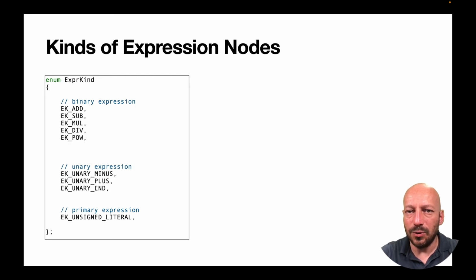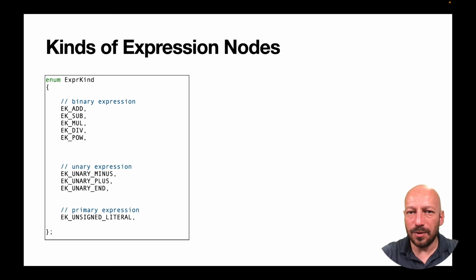So here I will use, for example, this prefix ek for expression kind, of course. And maybe we also should use prefixes, by the way, for these enum constants for token kinds, but that's a different story. For these enum constants for expression kinds, it's also a good idea to group them, because you have one group of expression kinds that have 2 child nodes, the binary expression nodes.